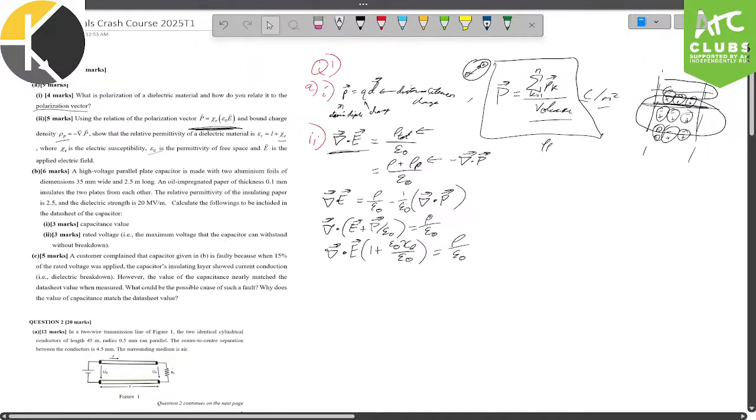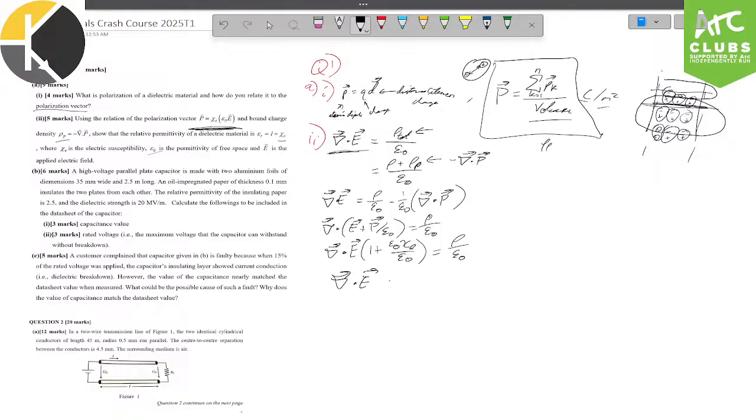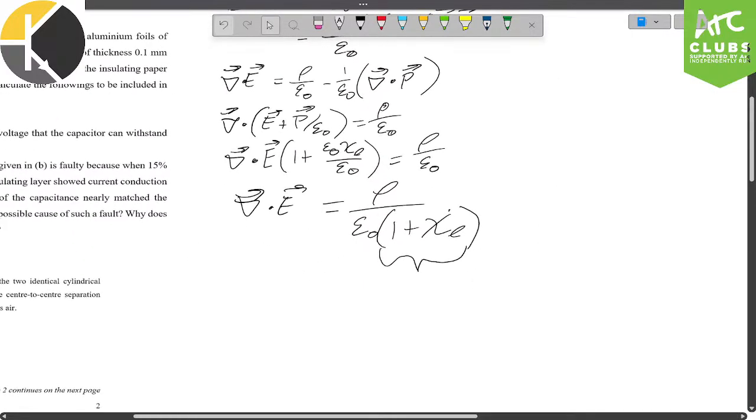And from here, we can very nicely understand that your divergence dot E is going to be equal to your charge density divided by epsilon 0 times 1 plus chi E. And so, relating this to our relative permittivity, we can consider this factor also being equivalent to epsilon r.